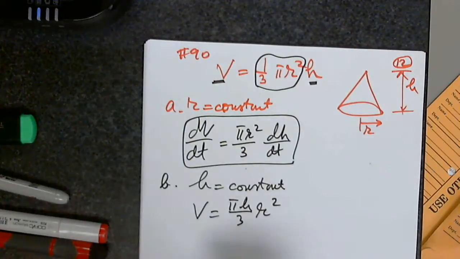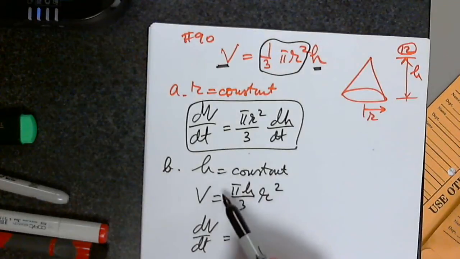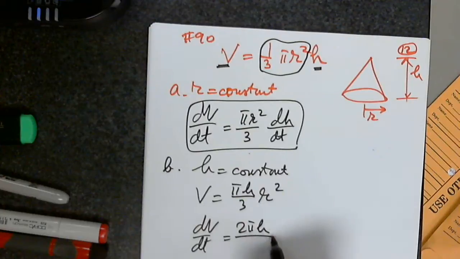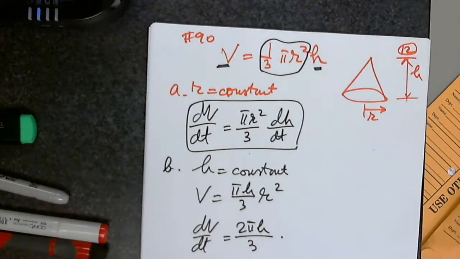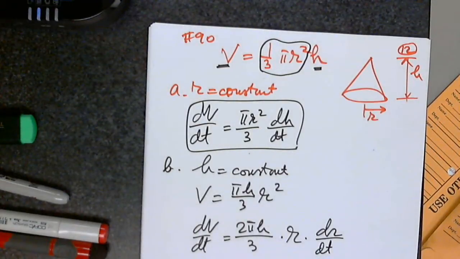So I want to find dV over dt. What do I get? Two pi h over 3 times r times dr over dt. Very good. Perfect.